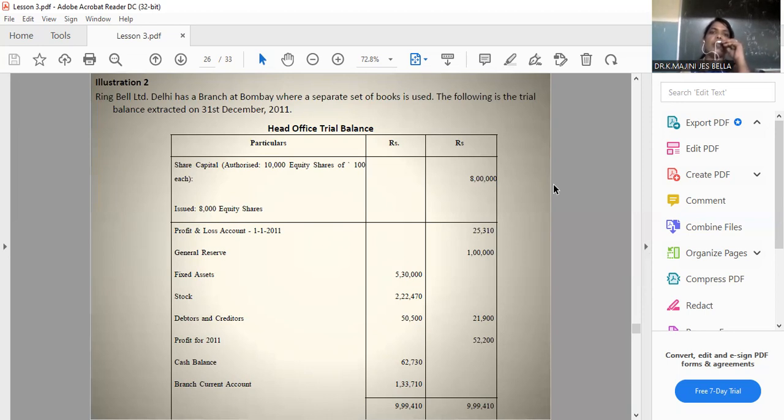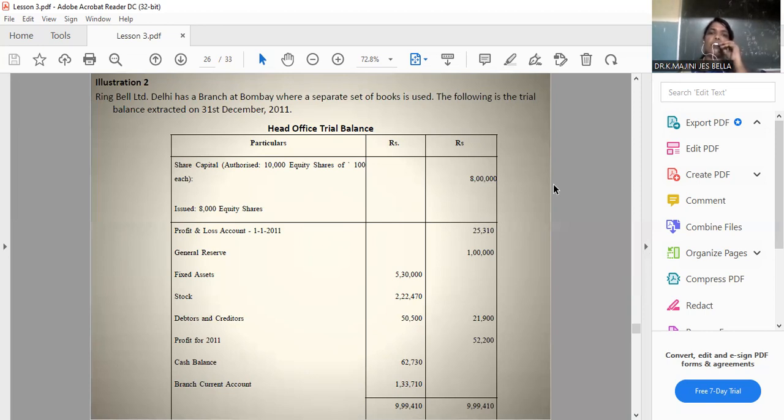Head office trial balance, particulars column, then two amount columns. First, we can see the share capital. The authorized 10,000 equity shares of rupees 100 each. Issued 8,000 equity shares. Okay. So 8,000 into 100, that is 8 lakhs rupees.